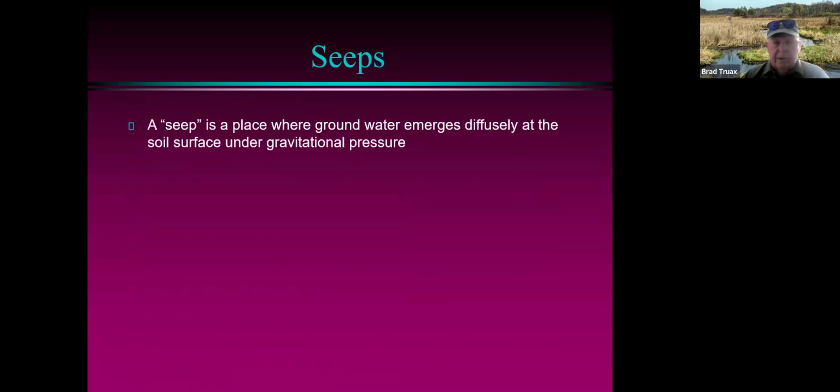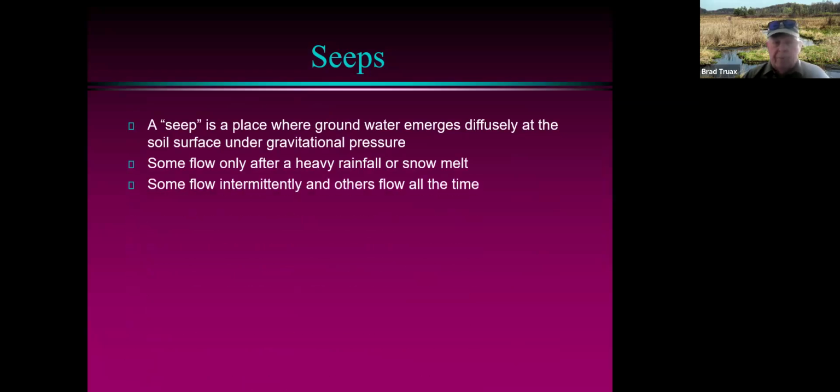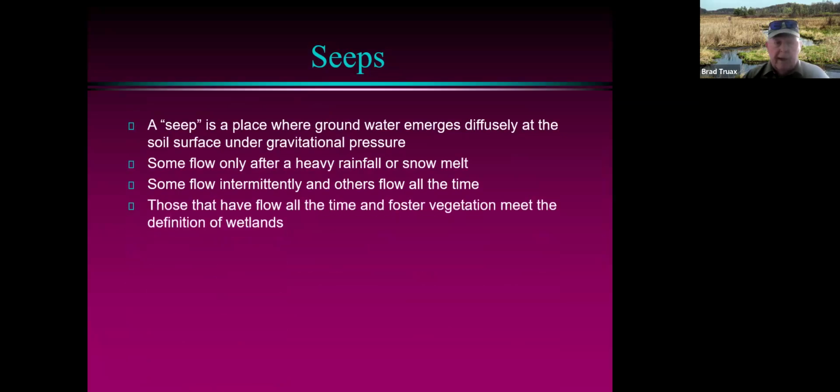So again, a seep is a place where groundwater emerges diffusely at the soil surface under gravitational pressure. And some flow only after a heavy rainfall or a snow melt. And some flow intermittently, whereas others flow all the time. And those that flow all the time and foster vegetation actually meet the definition of wetlands.